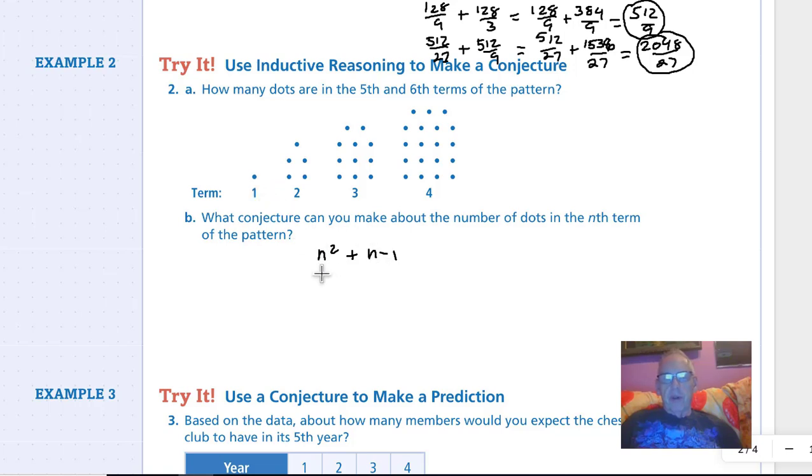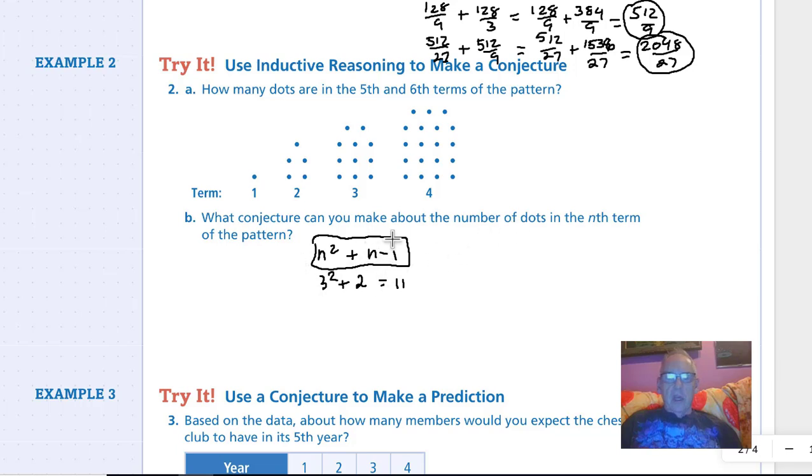Put a 2 in, we have 2 squared plus 2 minus 1, which gives us 4 plus 1, which is 5. Put a 3 in, we have 3 squared plus 3 minus 1, which is 2. That's going to give us 11, which goes with the third one. So I'm pretty confident in this conjecture.